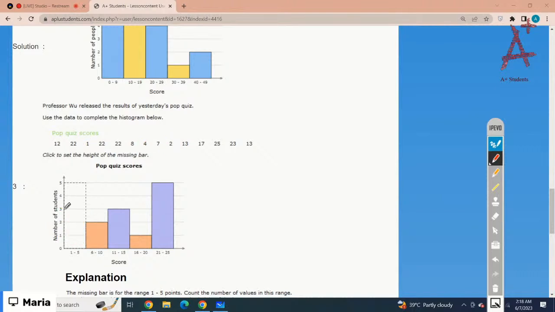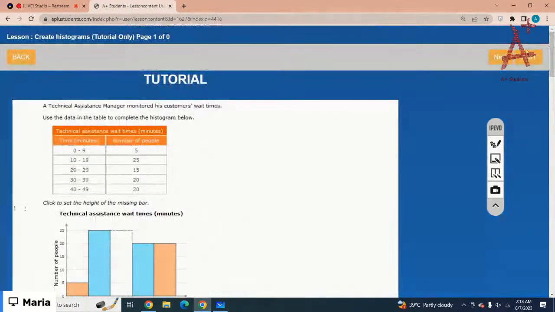Got it? Okay, let's move on to the next lesson. You don't have practice questions for this, you have just the tutorial. So you can find a lesson in your book and do as many practice questions as you can. Got it? Let's start with the next lesson.